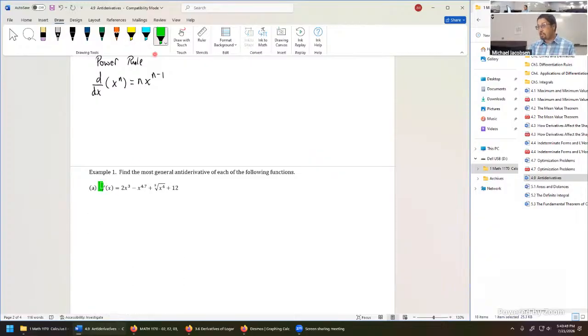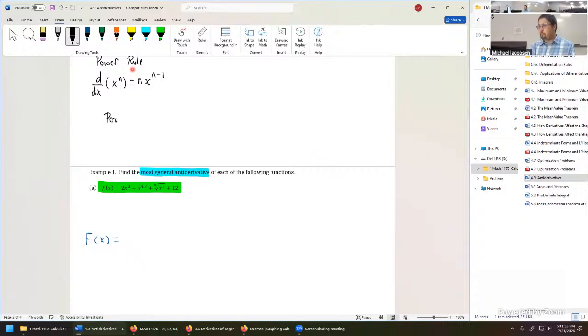So this is like the function in green in the definition below. And the question is, what function do you have to differentiate to get the function in green? Once we find that function, we will have the most general antiderivative. So we need to take this power rule and figure out how to reverse it. That's going to be our first big formula in these notes. And this is the reversal.